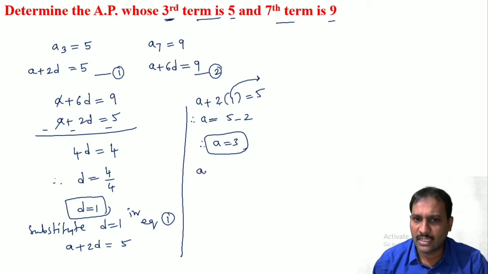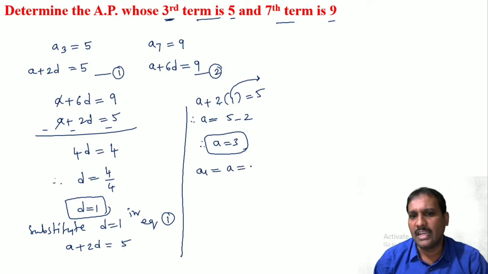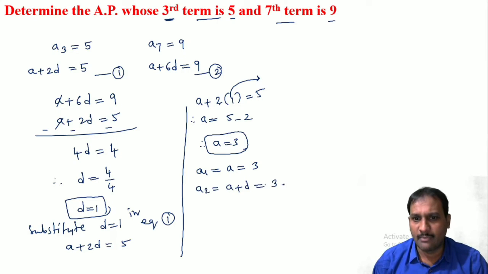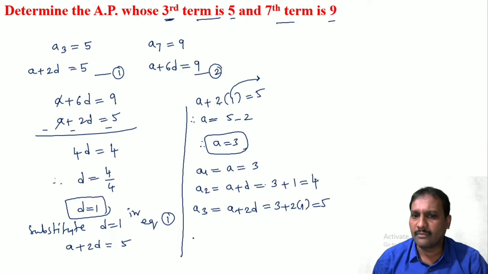So the first one, a1 is equal to a is equal to 3, and a2 is equal to a + d. That is 3 + d, d is 1, so 4. And what is a3? a + 2d. So that is 3 + 2 into 1, that is 5. And what is a4? Or you can write it as a3 + d.